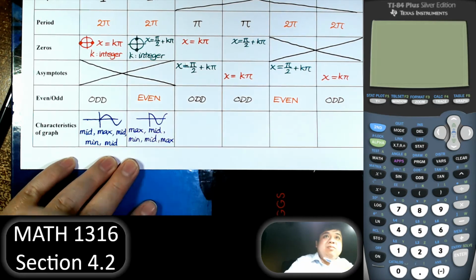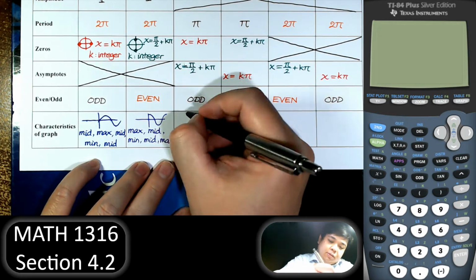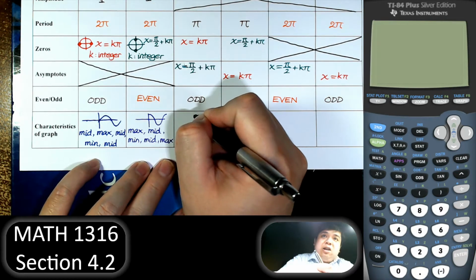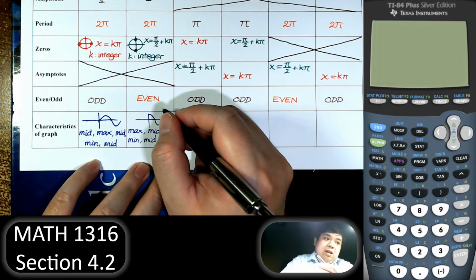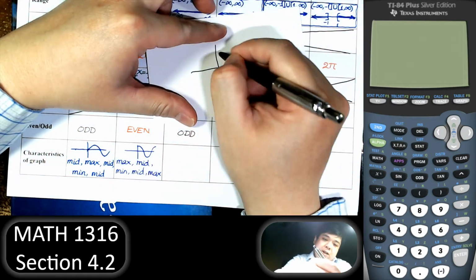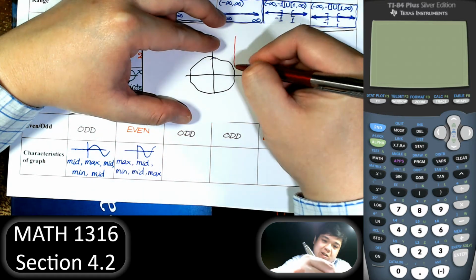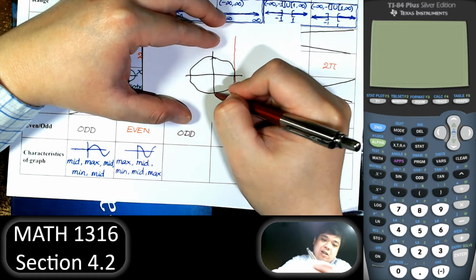Tangent and cotangent. Tangent is, the tangent axis is this.